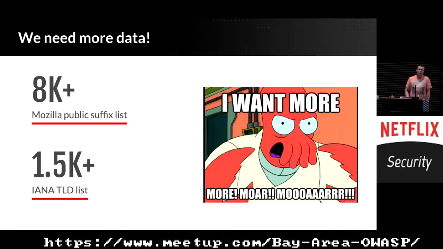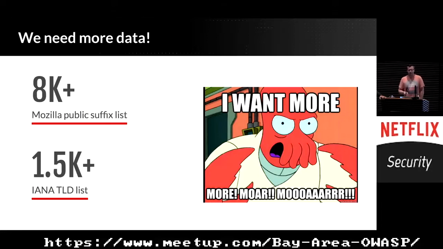When we looked into the Mozilla public suffix list, there are about 8,000 different second-level domains, and the IANA TLD list contains about 1.5K domains as well. So it gives us about 10,000 potential autodiscover domains which you can register and run HTTP sync on to see how big the problem is.